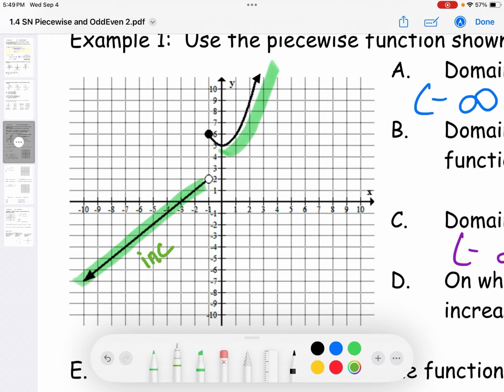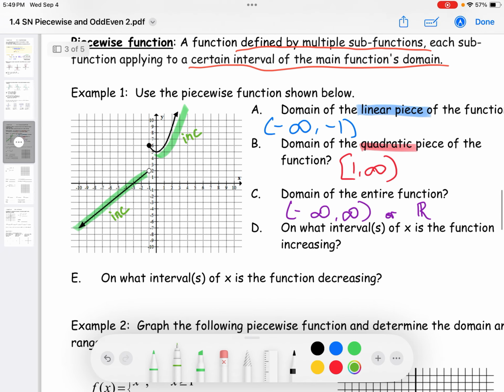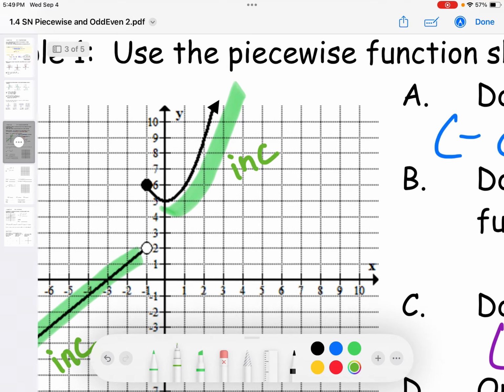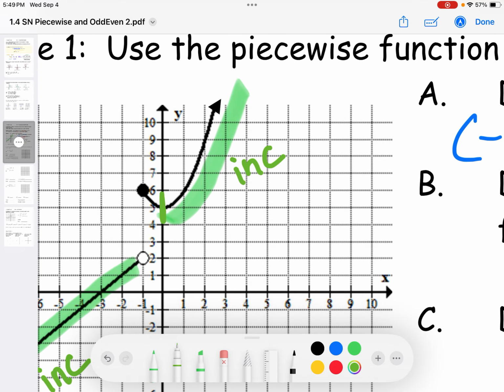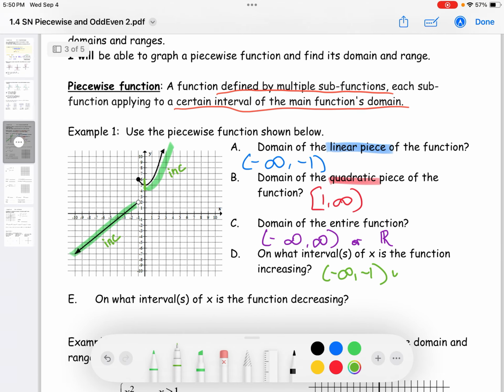So each of those pieces is a stretch where the graph is increasing. We need the x values, the domain of that increase. The piece on the left is from -infinity to -1. Then the piece on the right does not start increasing until x is 0. So 0 to infinity, that graph will increase.